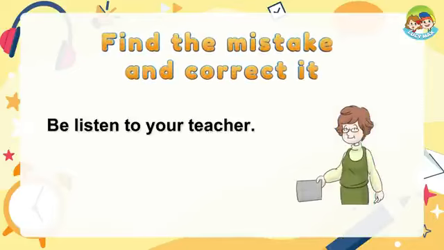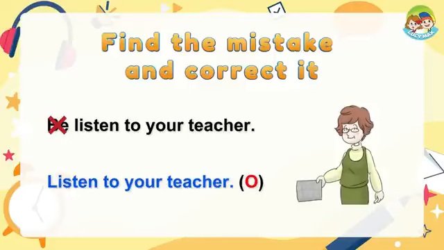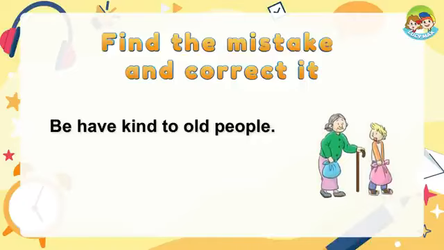B. Listen to your teacher. There is no be with verbs. So the sentence is listen to your teacher. B. Have kind to old people. You don't use the verb.